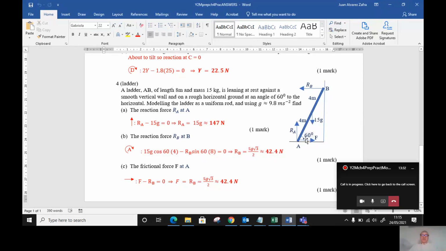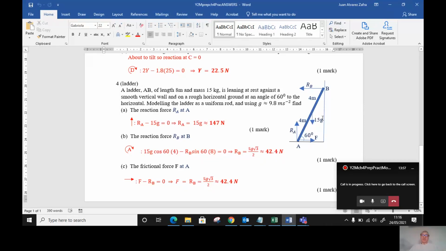but that's not a perpendicular distance. So if this is 60 and we resolve the 15g force perpendicular to the rod, the angle the weight makes with the perpendicular is 60 degrees.